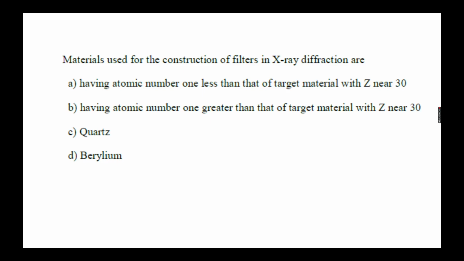So what will be the answer? Answer A. That means the material used for the construction of filters in X-ray diffraction has an atomic number one less than that of the target material.